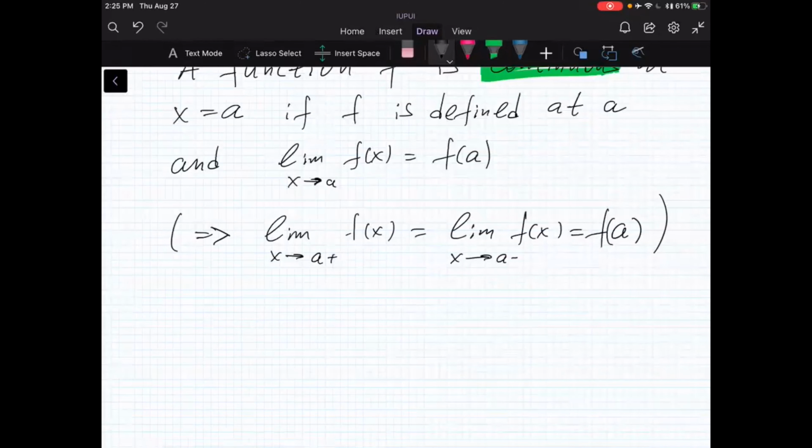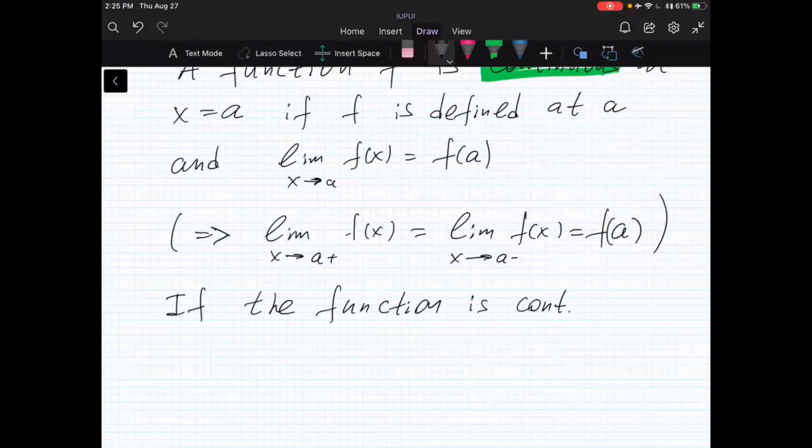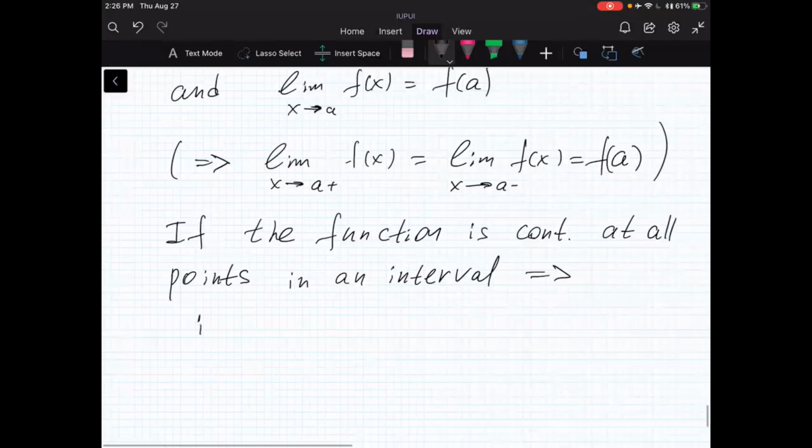But also you can say that if the function is continuous at all points in the interval, then we say that it is continuous on this interval.